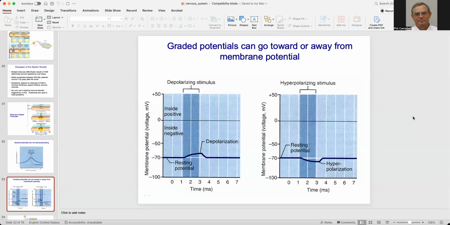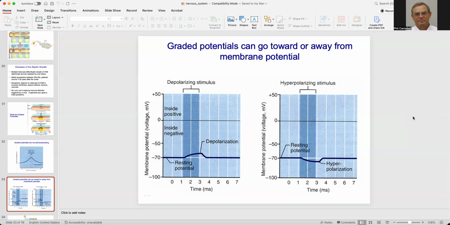Now, another thing that's different between graded potentials and action potentials. In action potentials, when you open those gated channels, what happens? You always go toward zero. So when you initiate an action potential, it always goes towards zero. Always. Because the first thing to open are the voltage-gated channels for sodium, so it can't go any other direction but towards zero.